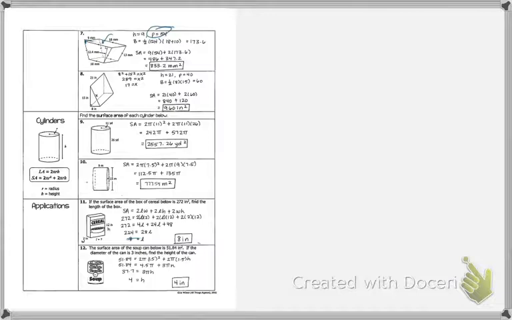So you have to get the area of the two bases, the top one and the bottom one, and then you have to get the area that surrounds the entire cylinder. Once you get those, you add them together. Notice, two bases.